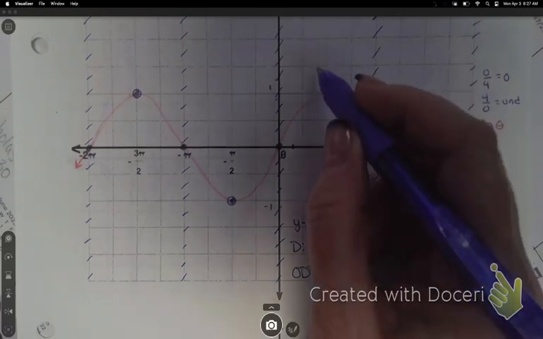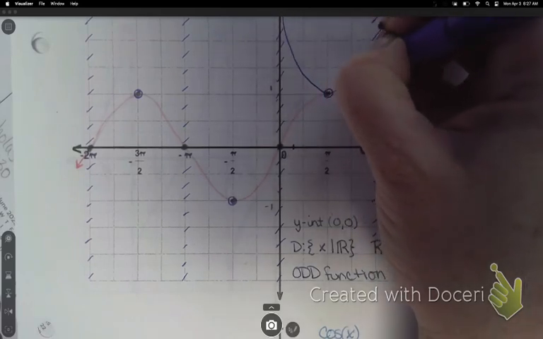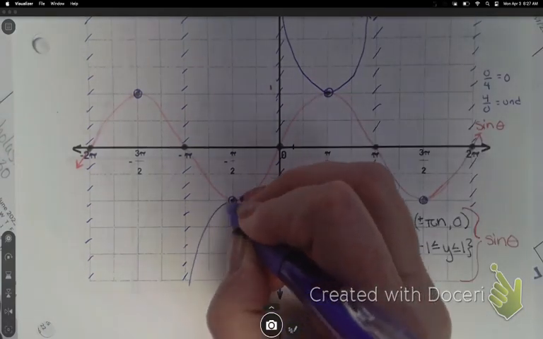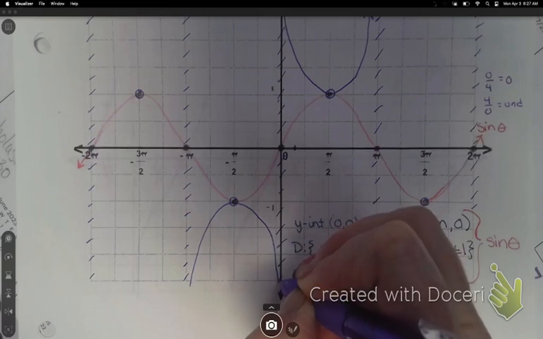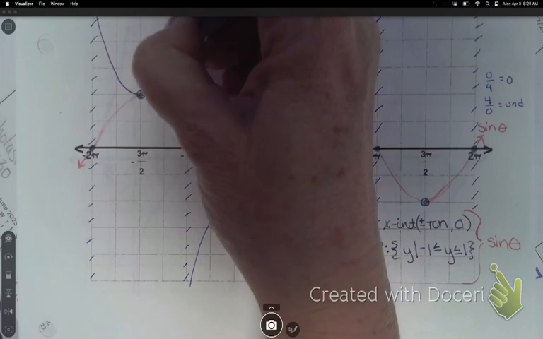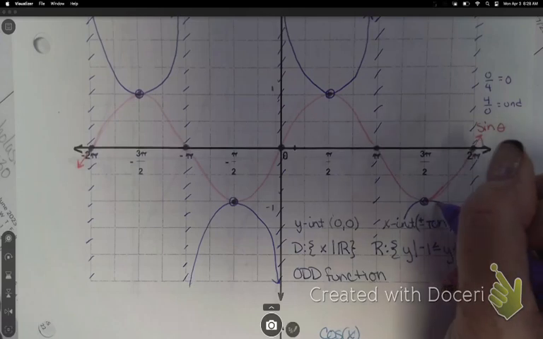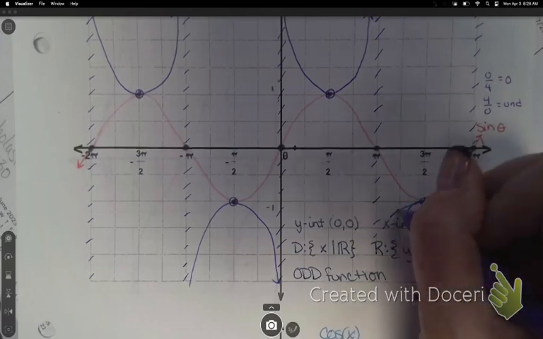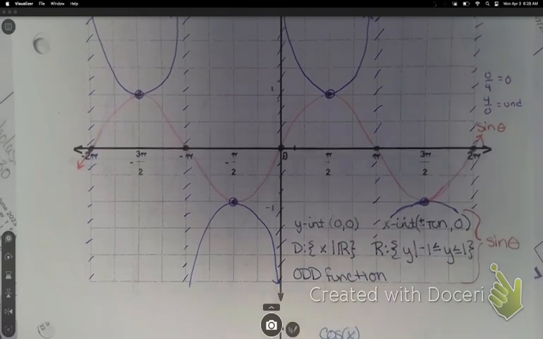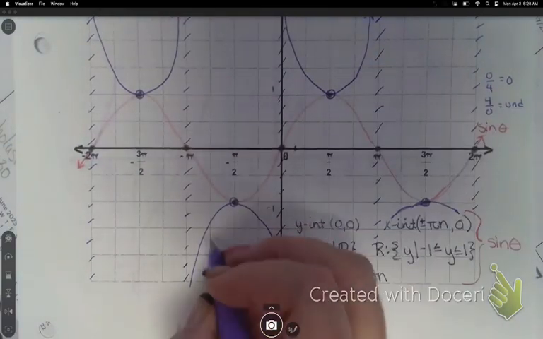So all of these are little parabolas that come down and bounce off and come up and bounce off. So if you know what sine looks like, do you have to do much to get cosecant? So right here is cosecant.